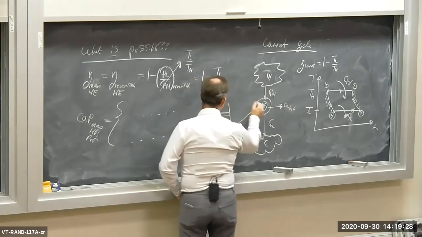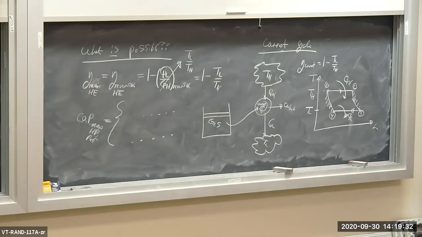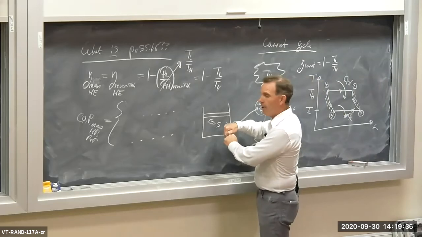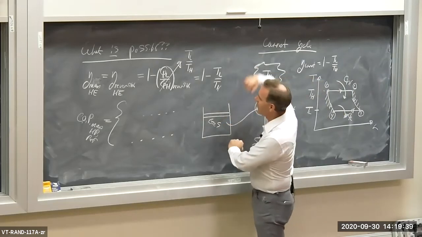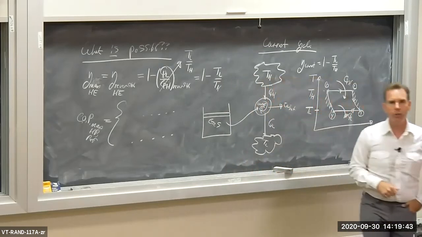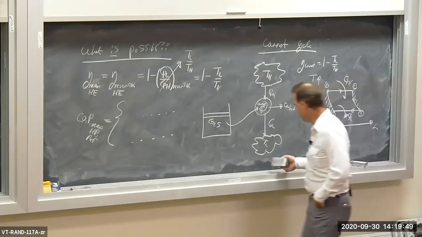If there's no unrestrained expansion, that means the piston has to move very slowly. You can't be yanking on the piston or pushing it down very quickly, else you get unrestrained expansion or compression. So it has to be very slow in operation.